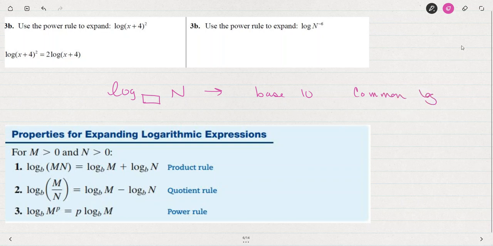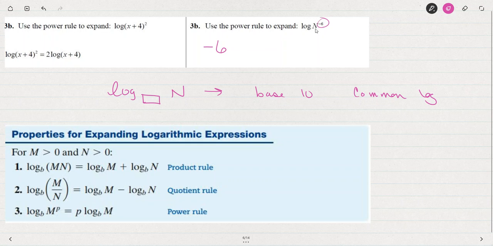So when we have this log of n to the negative 6 power, then what we can do is simply bring that negative 6 down in front. So this negative 6, when we have the exponent, just falls right in front.